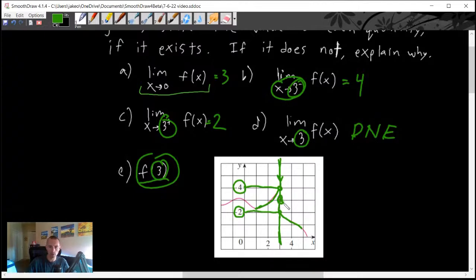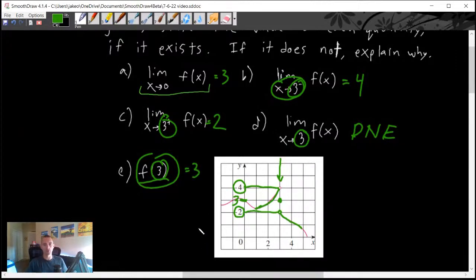But we do hit our function right here because we have this point, which I'm kind of covering up and making hard to see, but you can see we have the point right here. Nowhere else along this vertical line of x equals 3 do we have our function drawn. We just have these other two holes, which technically we have to draw so that we can show that a hole's there. But obviously, if you're thinking about what your function actually outputs at that point, it would be where the actual point is, which is y equals 3. So f of 3 is 3.